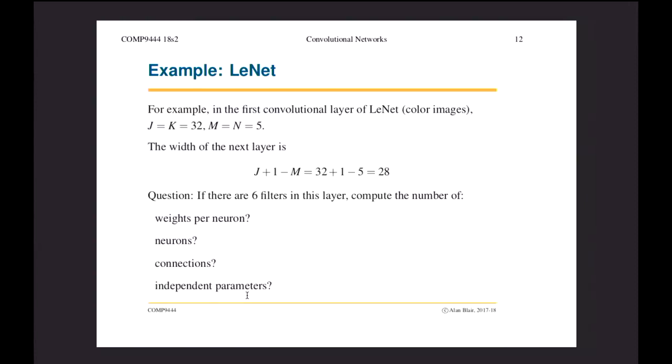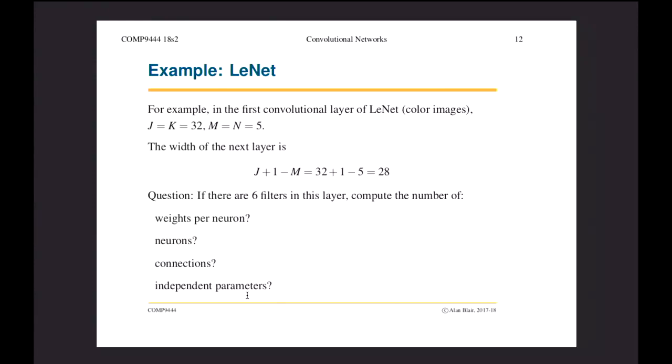The first question is what's going to be the size of the next layer? Well, 32 plus 1 minus 5 is 28. So there are 28 different positions you can have for that filter before it bangs into the other side of the image.